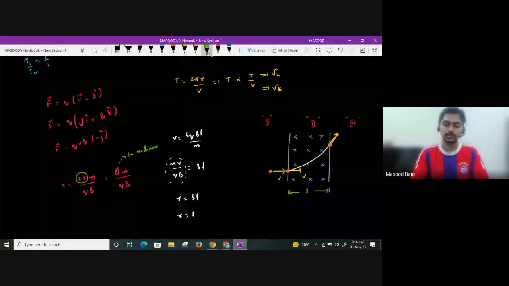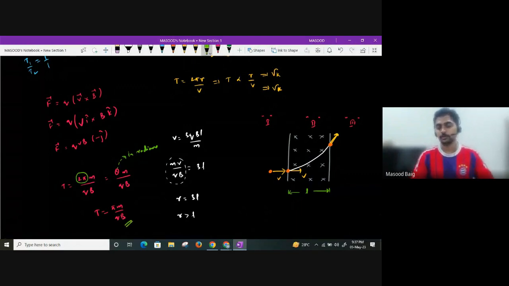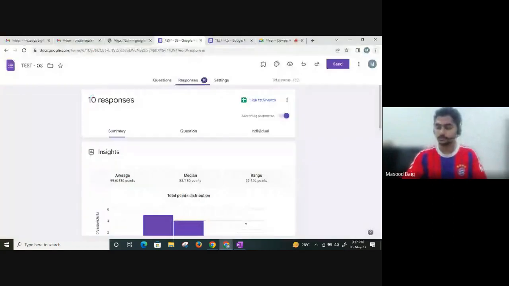When it completes a semicircle, it will subtend an angle of 180 degrees or π radian. So the time for which it will remain in the magnetic field is πm/qB. Clear? Understood? Is that clear, all of you?